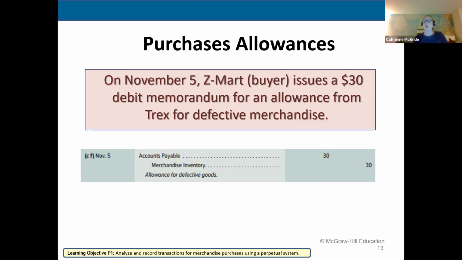Okay, so what we know is we had $500 in accounts payable. They just gave us a credit. So since they gave us a credit, we're not going to pay it. So we're going to reduce accounts payable by $30. Because this is the perpetual method, we're going to directly reduce the merchandise inventory for $30. So we're going to take this credit and reduce accounts payable and reduce merchandise inventory.